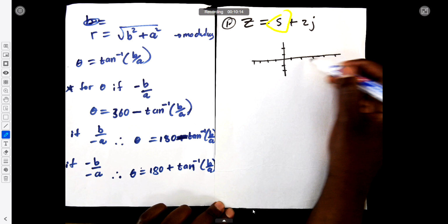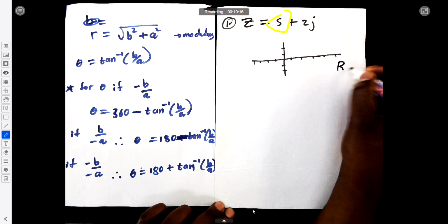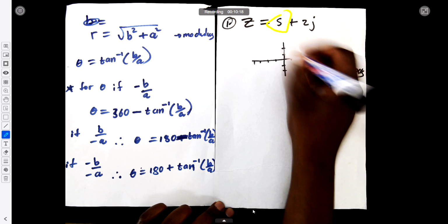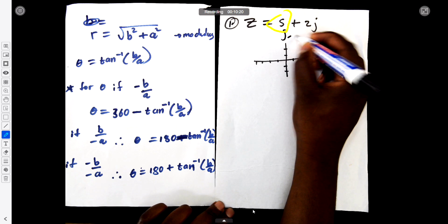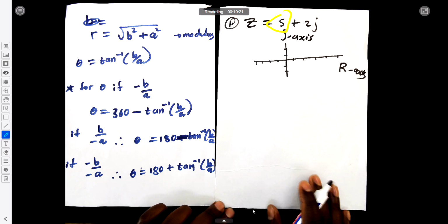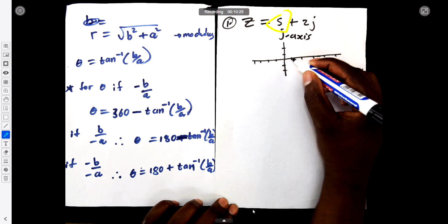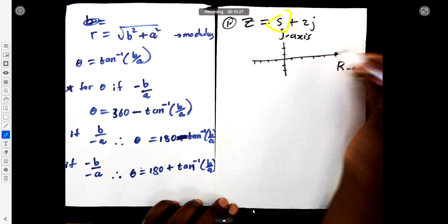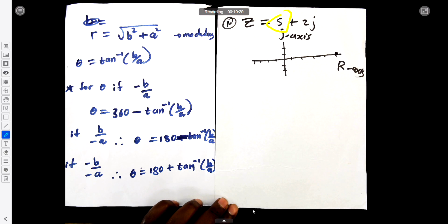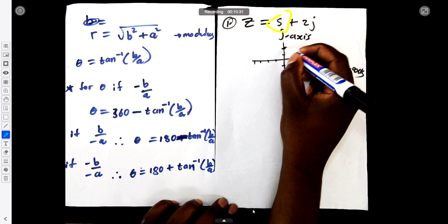So we plot, and let me put the notation there. It's the real axis, and this is the j axis. So 5 units to the right, 1, 2, 3, 4, 5, and then 2 units up because it's positive, 1, 2.